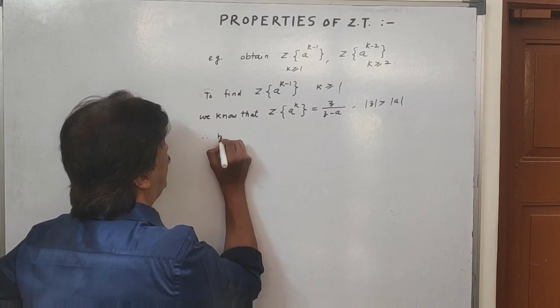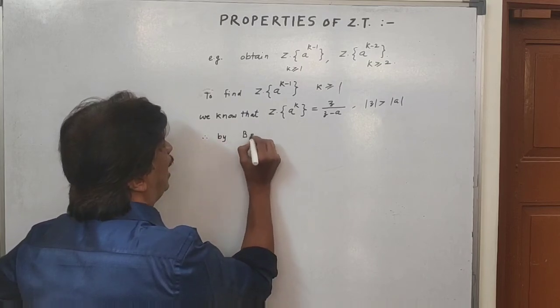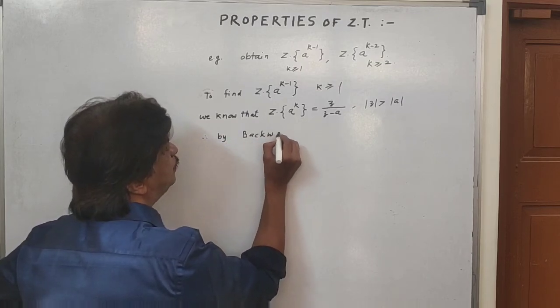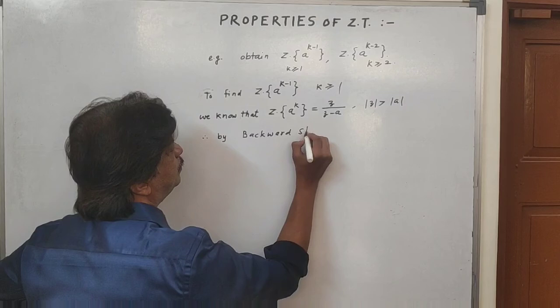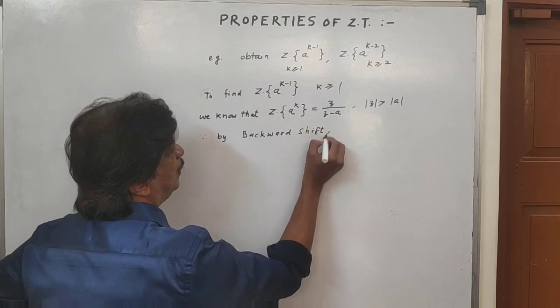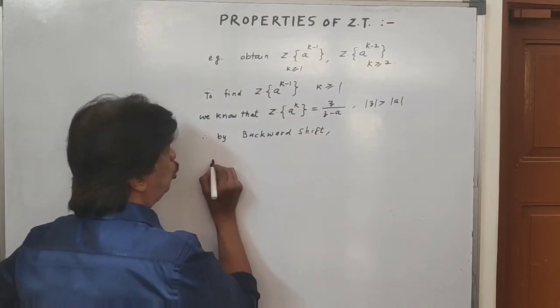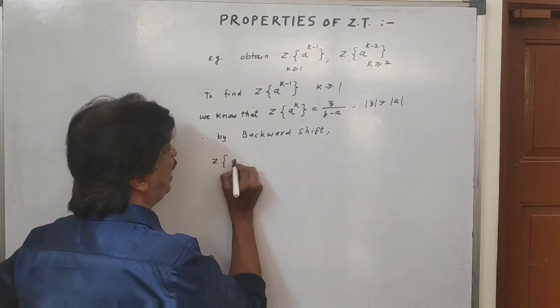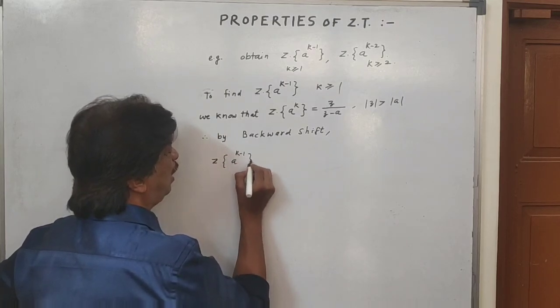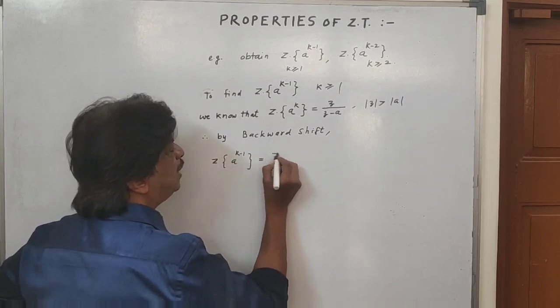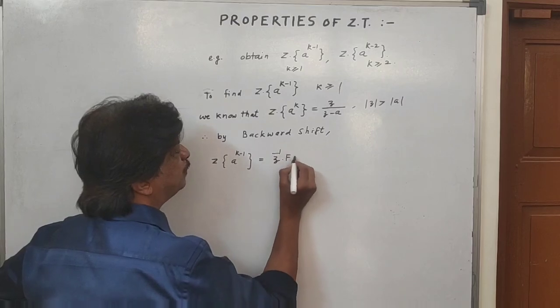Therefore, by backward shift property, if f of k is a raised to power k, then f of k minus 1 will be a raised to power k minus 1. The formula is z inverse into f of z.